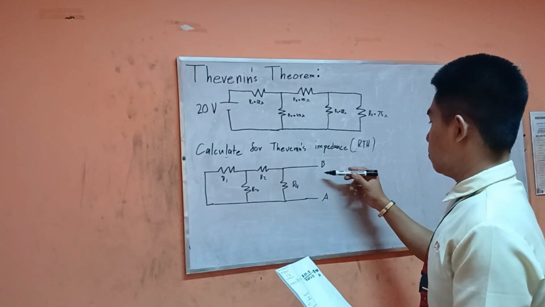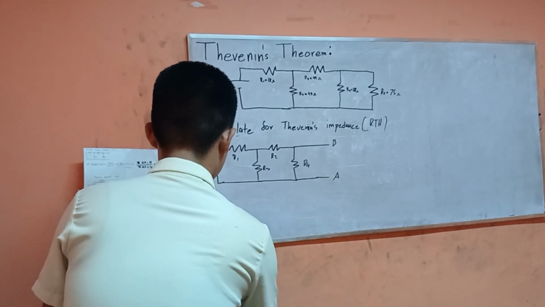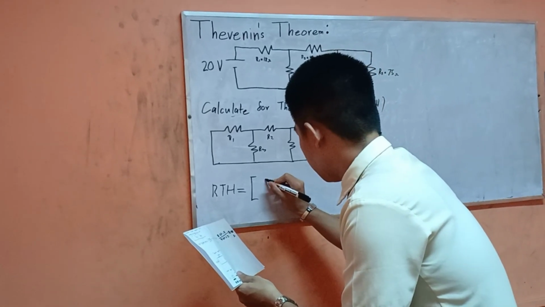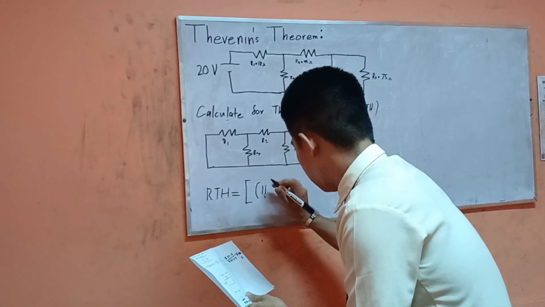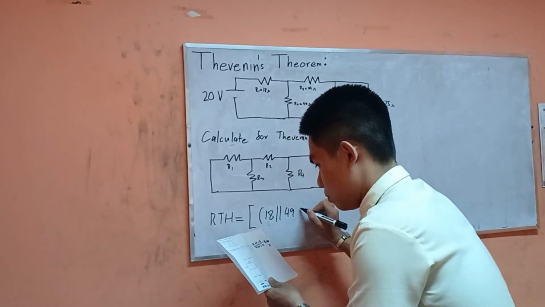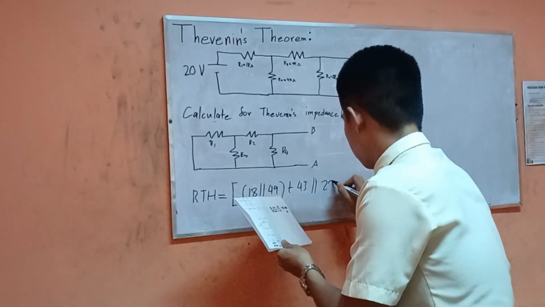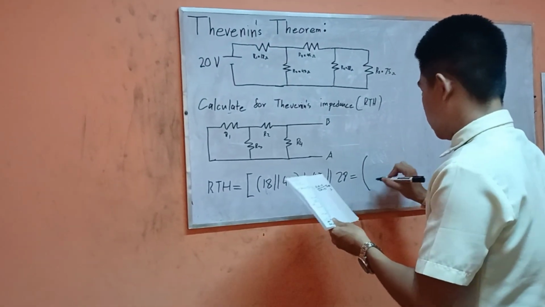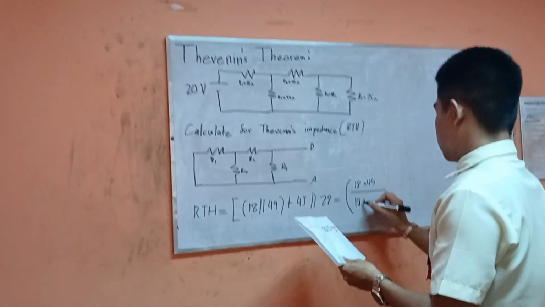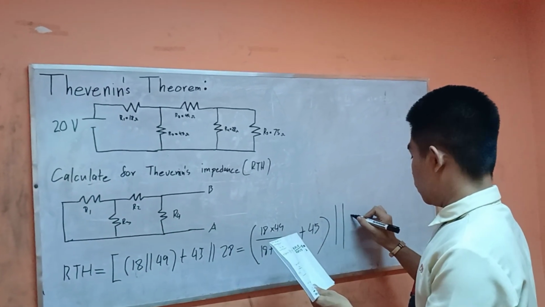We need to find the impedance between A and B. To solve for RTH, it is equal to 18 parallel to 49, parenthesis, plus 45, parallel with 28, which is equal to parenthesis 18 times 49 over 18 plus 49, plus 45, parenthesis, parallel 28.